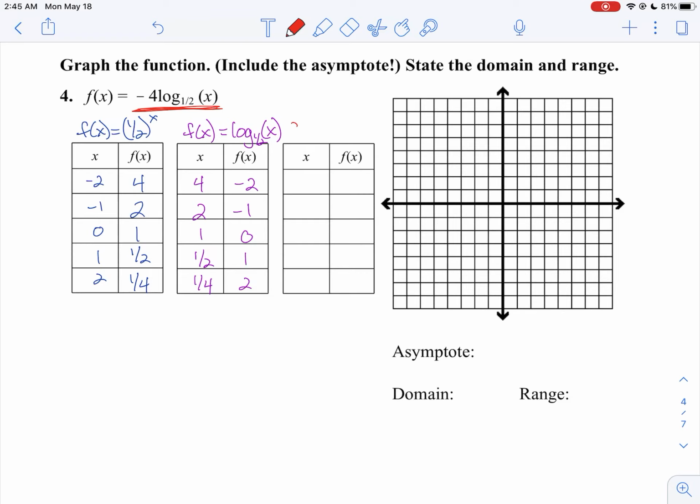So now, if we're going to do the real function, f of x equals -4 times log base 1/2 of x, then I need to think what transformations are happening here. That negative sign out in front is going to be a vertical reflection.